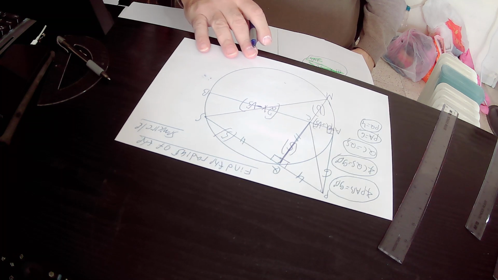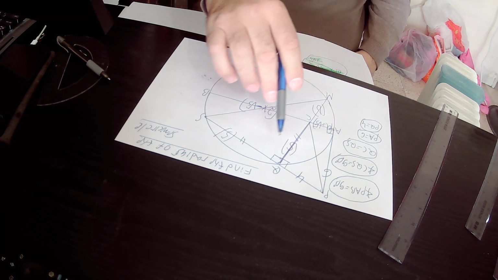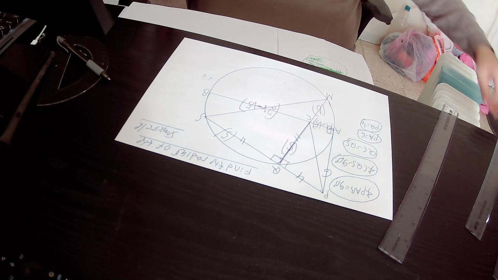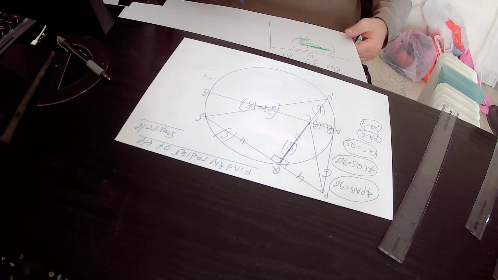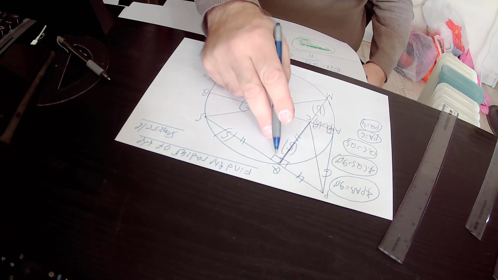In the drawing we have peripheral angle MQS. This peripheral angle MQS equals 90 degrees. And we have a new rule about peripheral angles that are equal to 90 degrees. This is actually rule number 5, so I'll write it down.